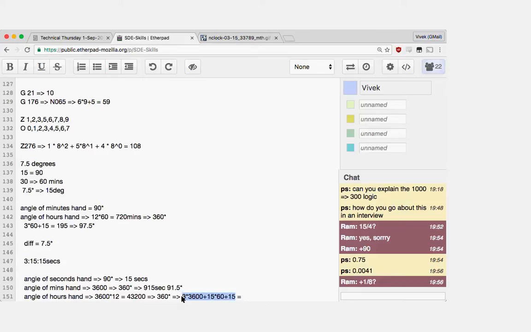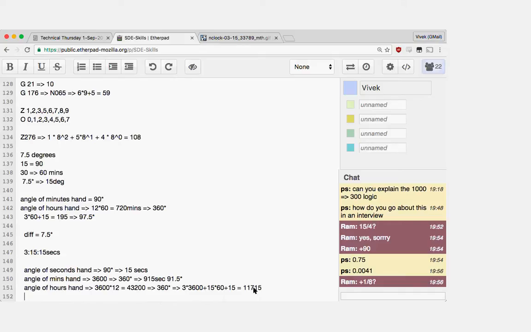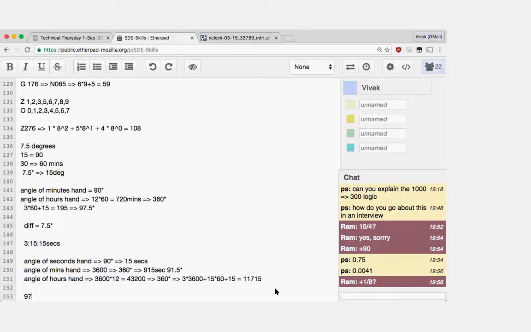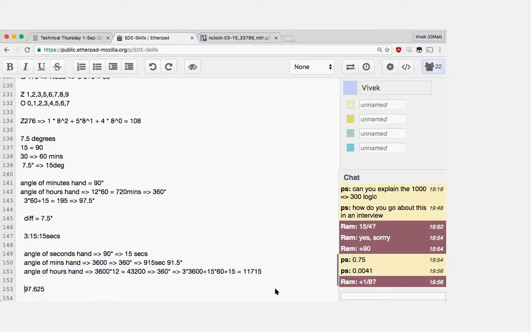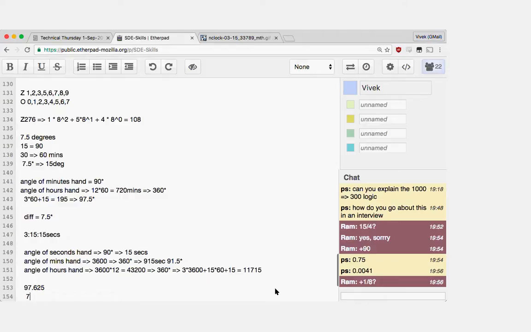That's 11,715, divided by 43,200 multiplied by 360 equals 97.625. Okay, so the angle difference is actually 7.625.